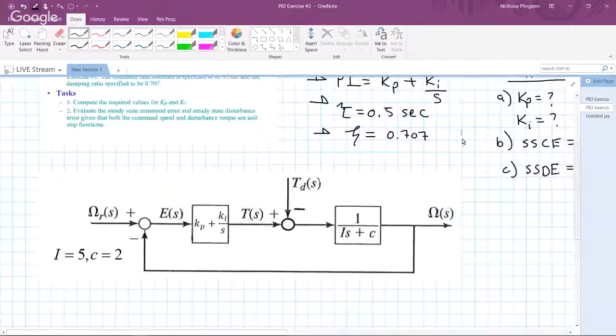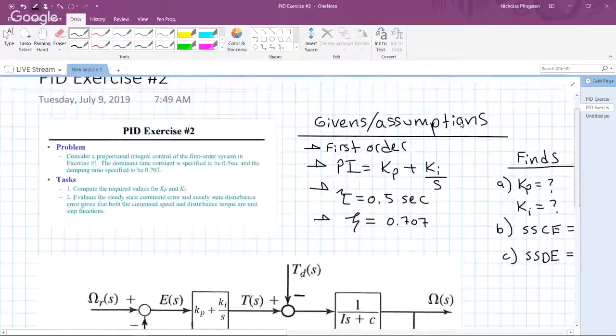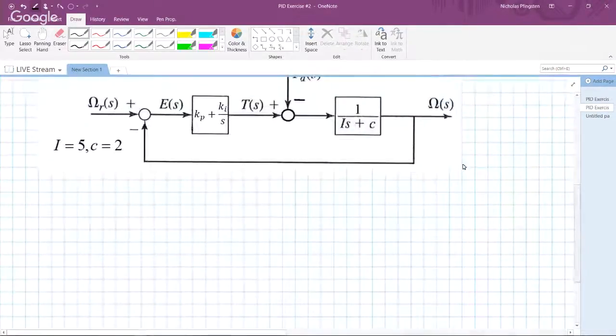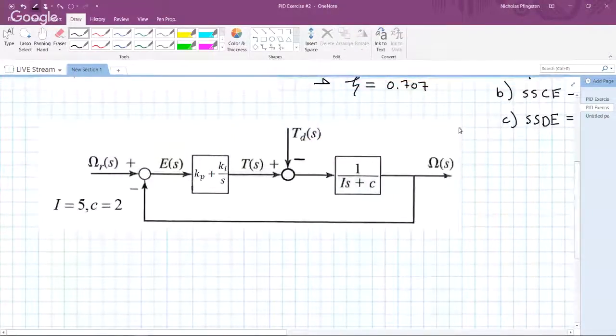So we know what we need to look for, and we've taken all of our givens. So the first thing we need to do is to find a closed loop transfer function of this block diagram.